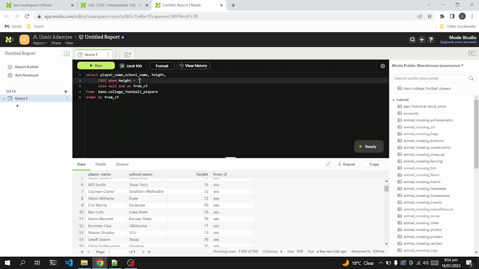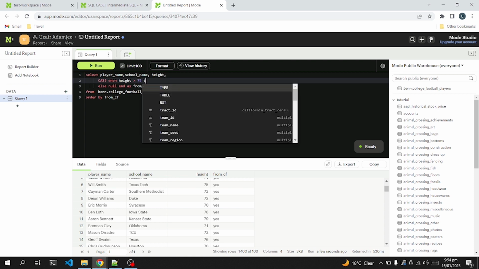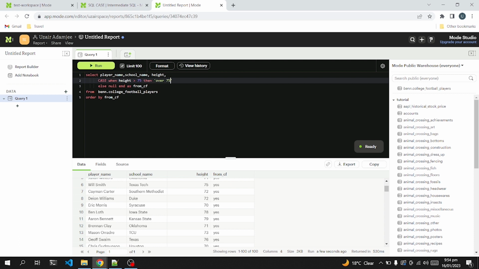When height is greater than 75, then our limit, or sorry, valued as over 75, and height is greater than 70 and height less than equal to 75, then 70 to 75.